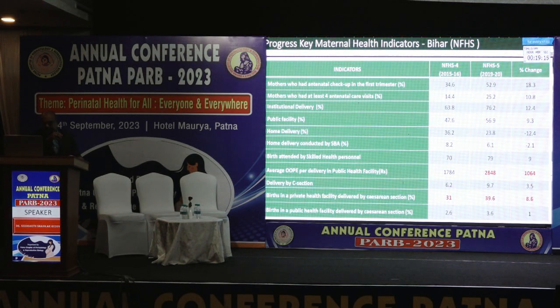Then out-of-pocket expenditure, this is very concerning because in Bihar more than 86% are living in the rural area, and around 70-80% of people have a monthly household income of less than 10,000. But in spite of all this, they are paying high for a simple delivery. They are paying around 2,300 per person for delivery in the rural area.